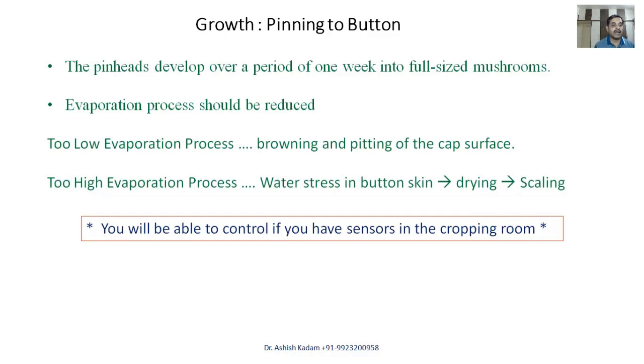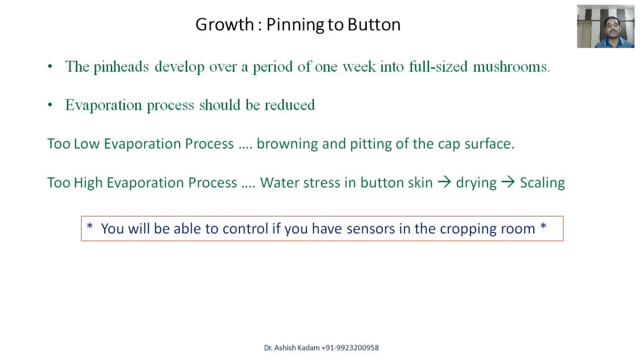So again I am repeating, you will be able to control if you have sensors in the cropping room. In the first phase we have seen, you have to control CO2 level, air velocity, and compost temperature. In the second part we have to reduce those parameters. In the third phase again we have to control the evaporation process.